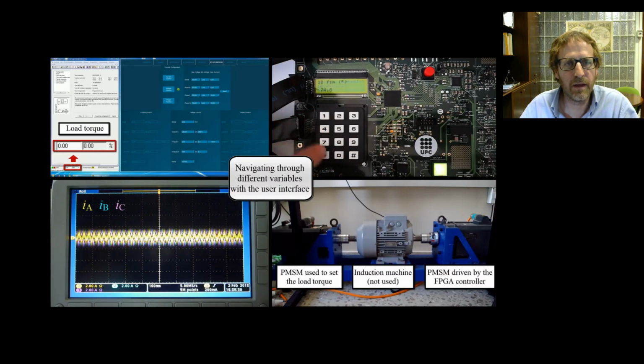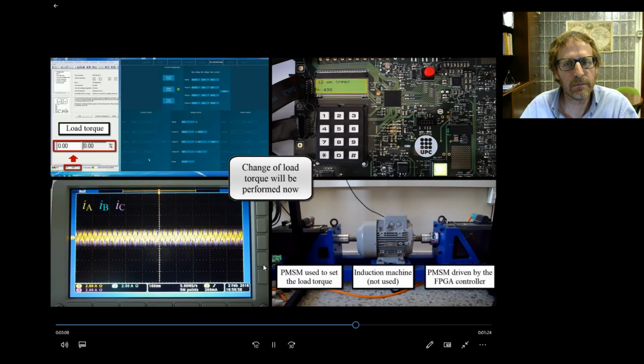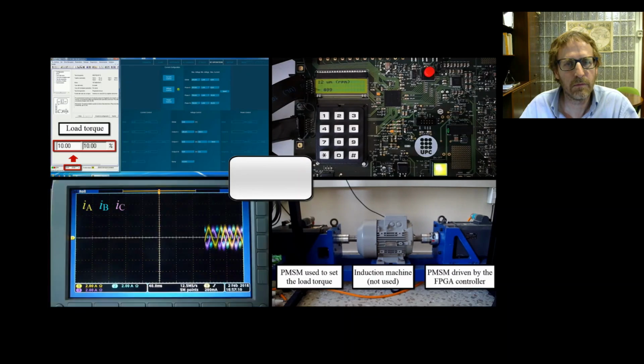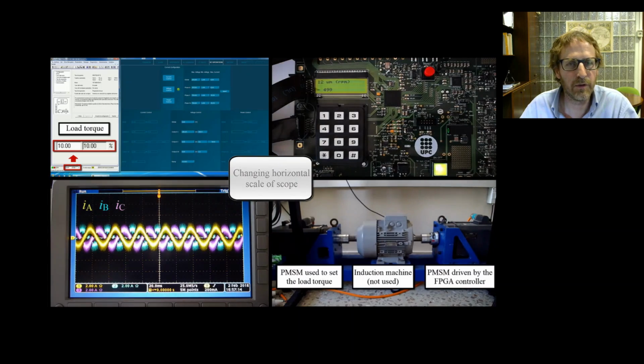Now we are operating with no torque. We increase the torque a little bit. We will see that the phase currents increase in amplitude. We zoom in and we see that they are fairly sinusoidal.